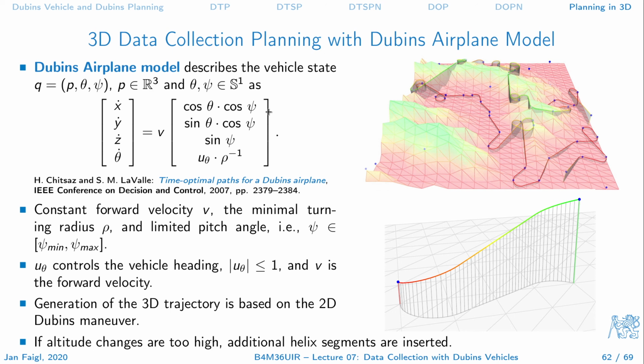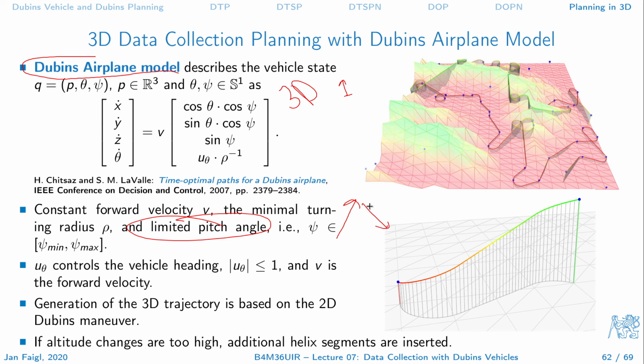How about 3D? There is another, relatively simplified model, called the Dubins airplane model. In addition to the orientation, we also have a constraint on the pitch angle. That defines some climbing angle and some diving angle.